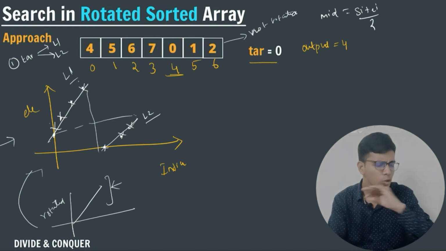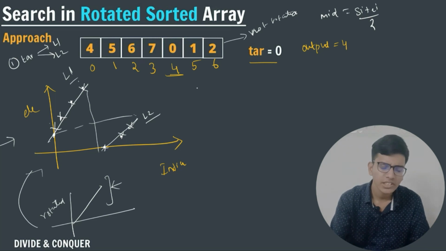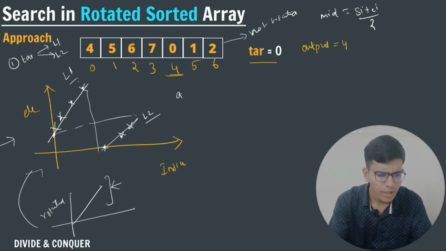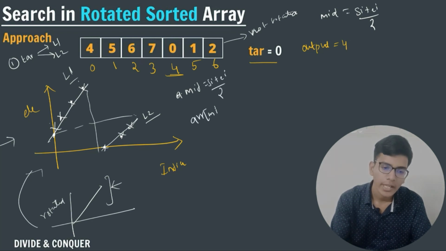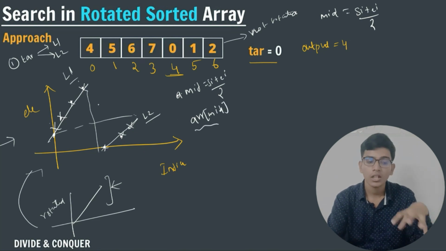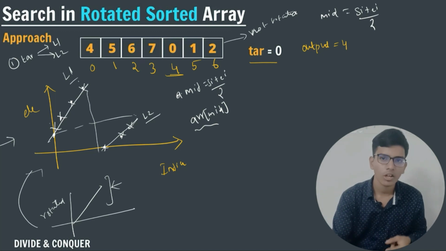Here we follow the same approach: first of all we calculate mid, which is starting index plus ending index divided by 2. After that, we will compare our ARR of mid. First of all, we will see whether our ARR of mid lies on the first line or the second line. So let us talk about conditions.